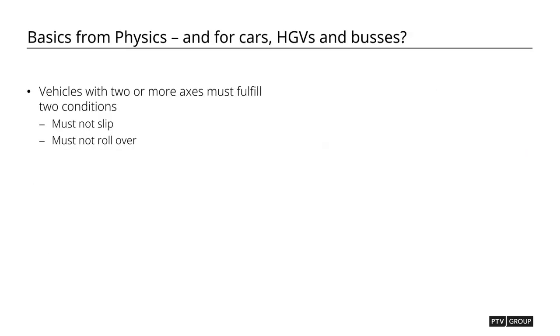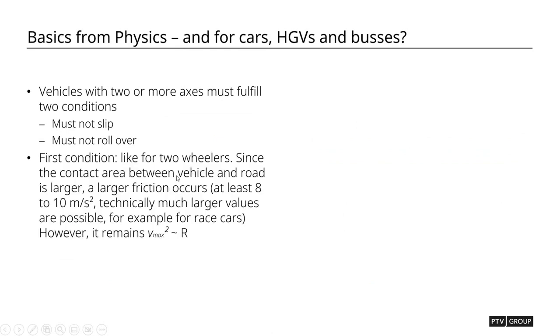Now going to four-wheeler vehicles, they must fulfill two conditions to drive safely, and that is, they must not slip from the road, and they must not roll over. The first condition, that they must not slip off the road: since they have four wheels, they have an advantage over the two-wheelers.